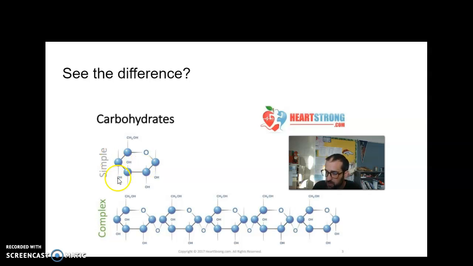So there's a simple carbohydrate, and then down here you have an example of a complex one. So you can see that each of these right here is a sugar molecule, and they are bonded together right there with a chemical bond. So simple and complex carbohydrates, your two types of carbos.